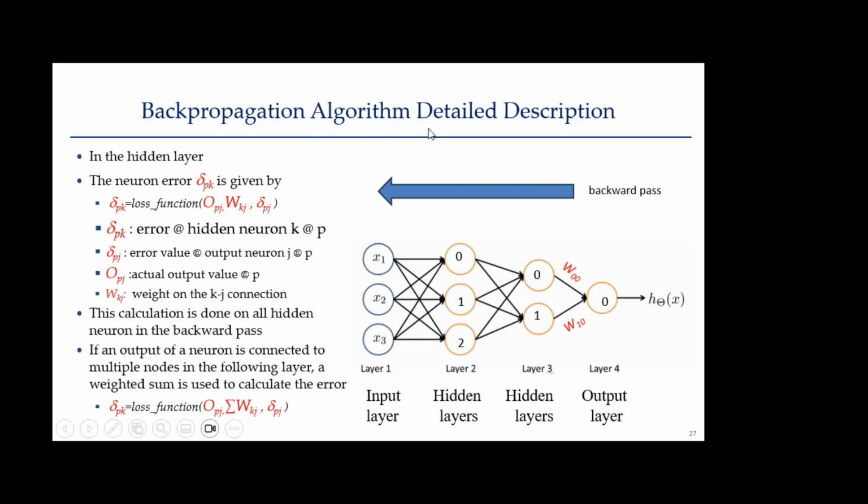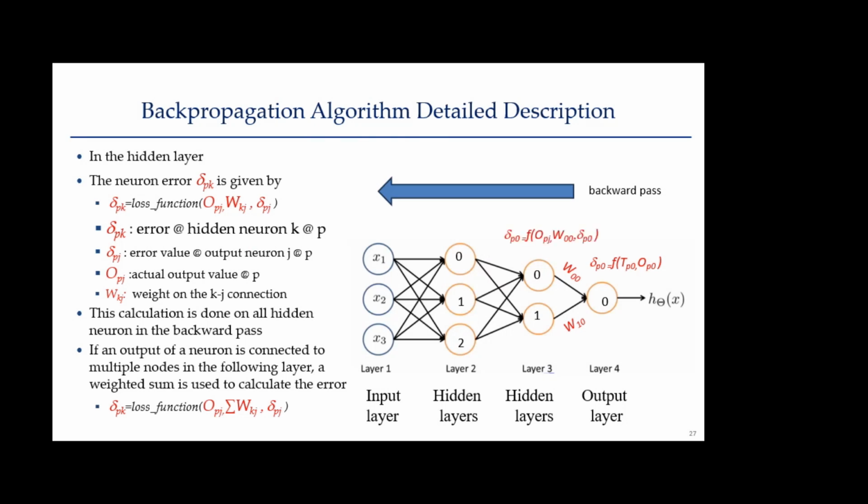Now, what happens in backpropagation is, if we already have the error at the output, we can adjust the weights that are input to the output layer. Those weights are also outputs of the previous hidden layer.